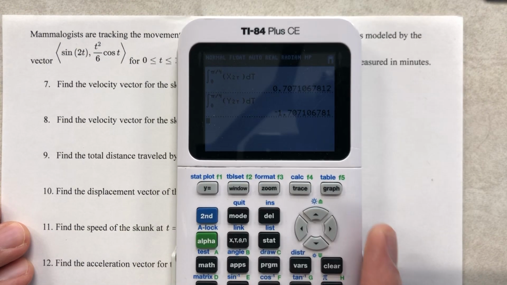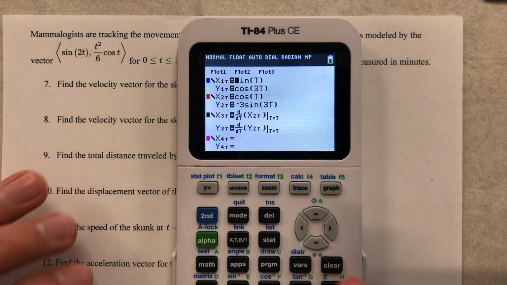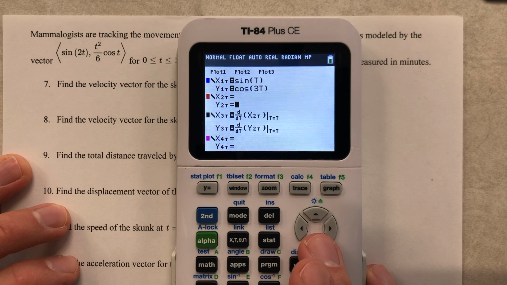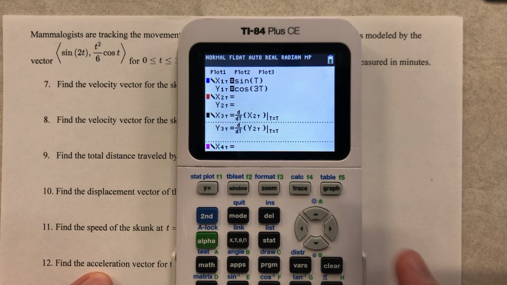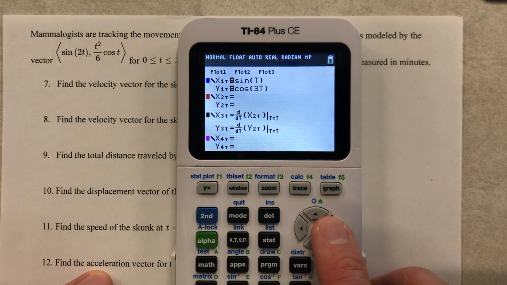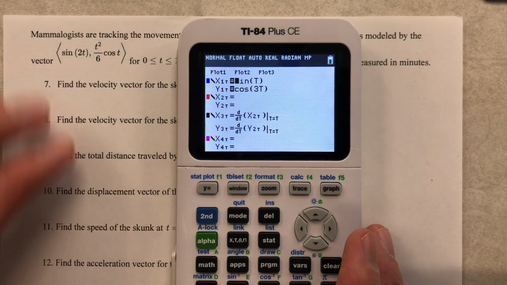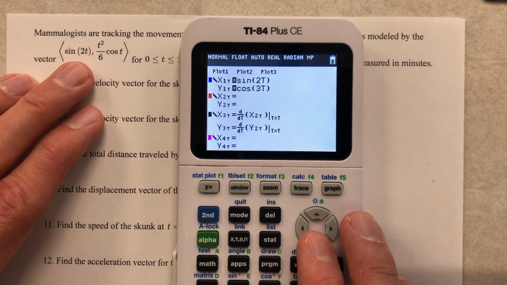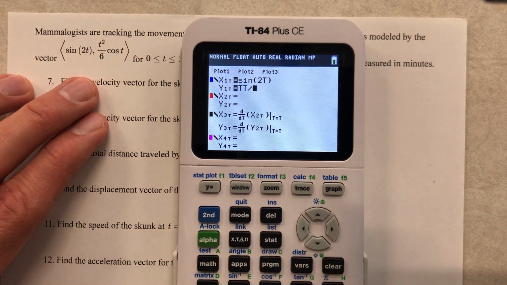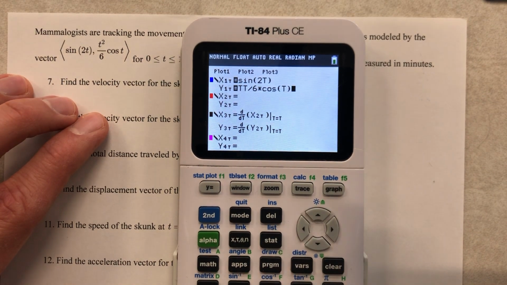Let's actually graph it just to get a frame of reference. So y equals. And I'm going to clear out all the other stuff. Actually, let's not clear that one out because I might need some acceleration in a minute. Acceleration for my skunk. Sine of 2t, there's that one. And then t squared over 6 times cosine of t, there we go.